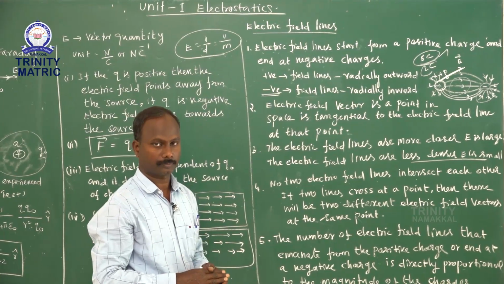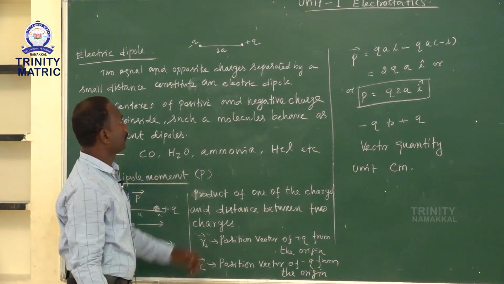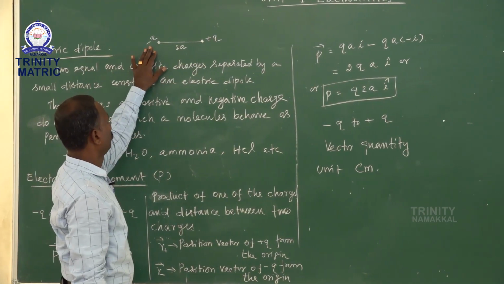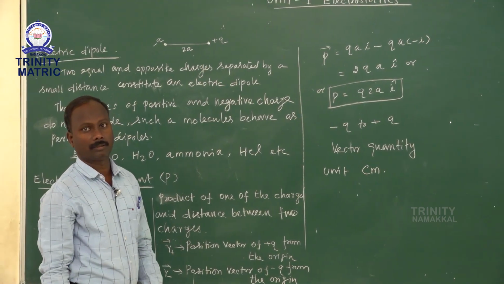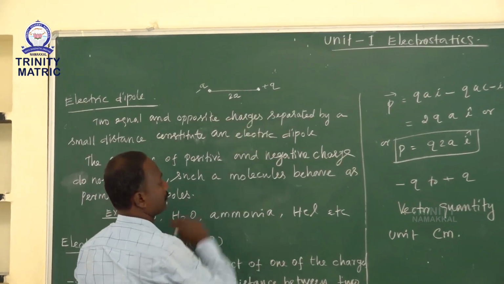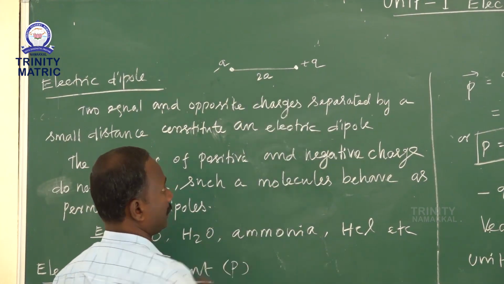We move on to the electric dipole. An electric dipole means two equal unlike charges separated by a very small distance.